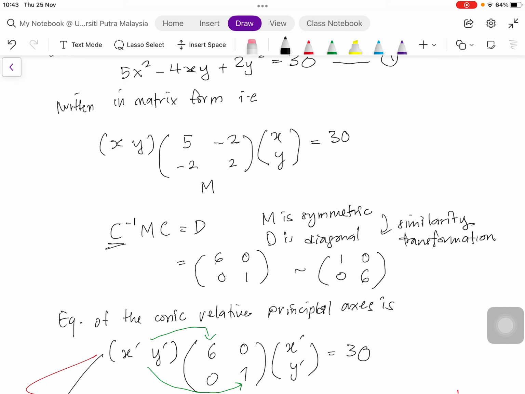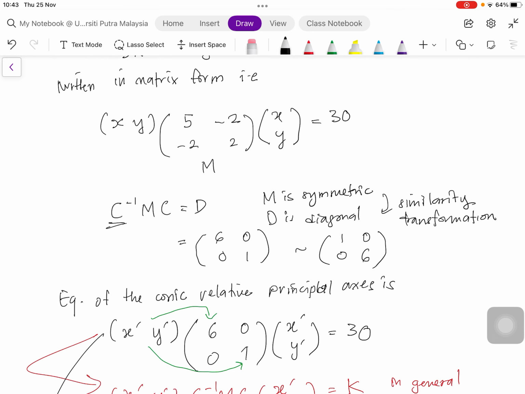Do note that M is symmetric, and you can diagonalize M. Then you find the diagonal matrix D, and they are connected by a similarity transformation. You can write this diagonal matrix in two ways, either 1 or 2. You just interchange the order of the eigenvalues.